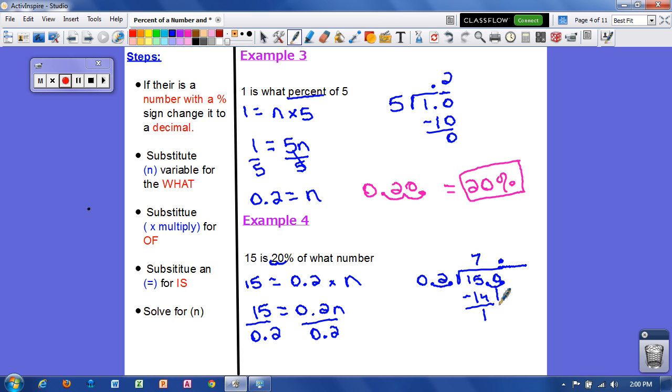I get a remainder of 1. And then 2 goes into 10 5 times. And then that comes out evenly, so I'm left with 75. So 15 is 20% of 75.